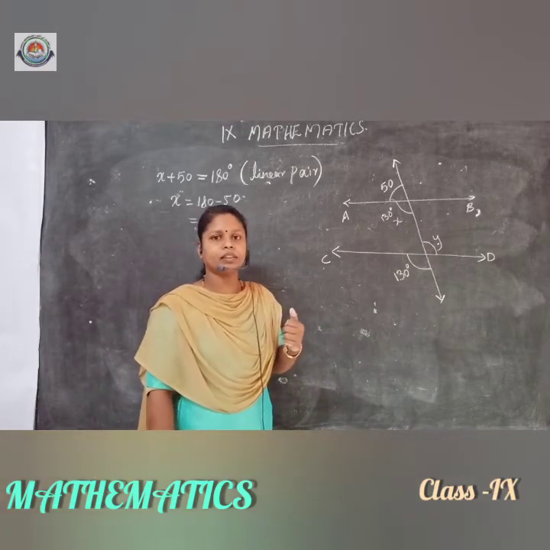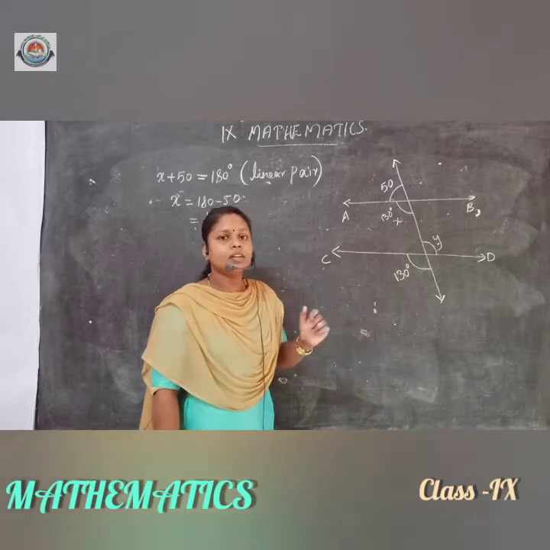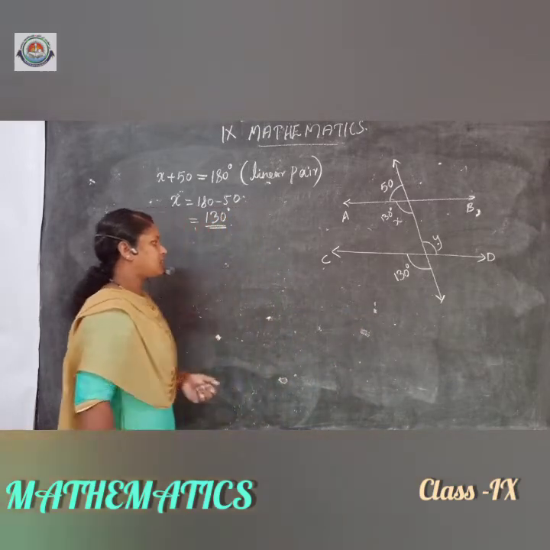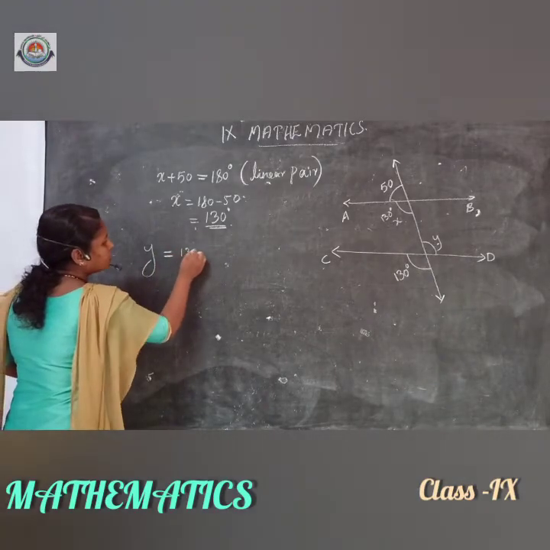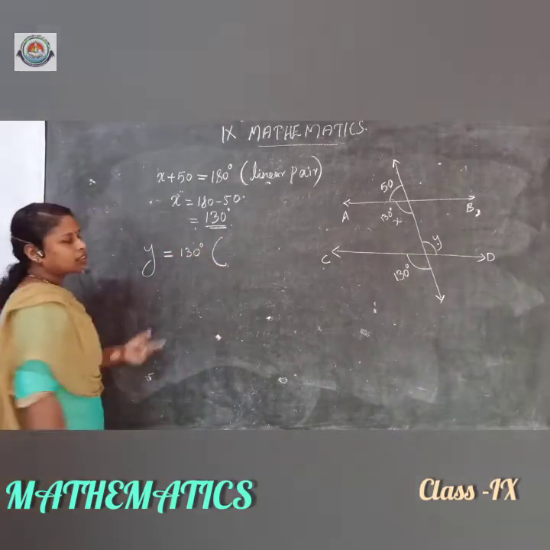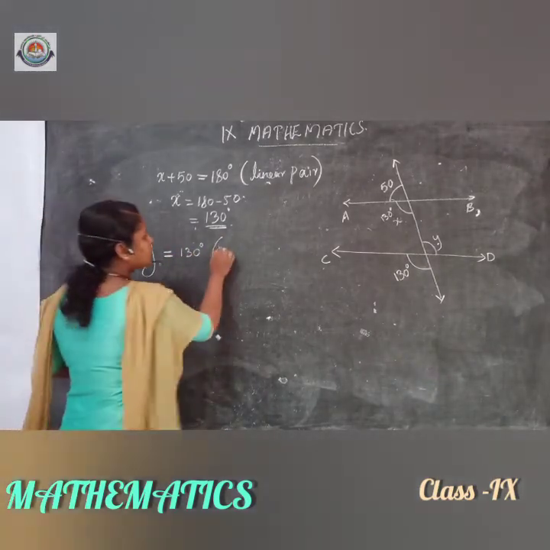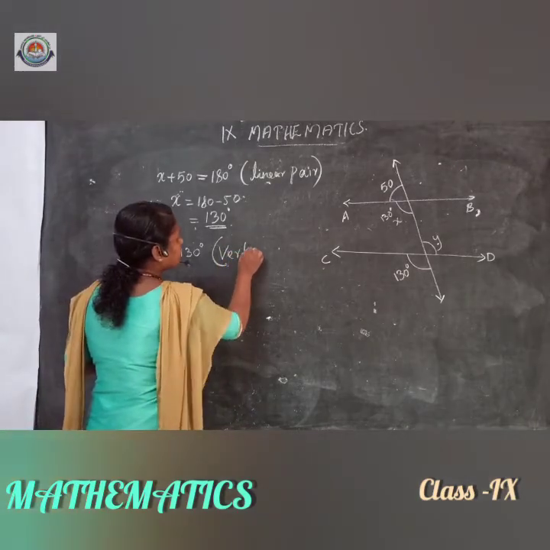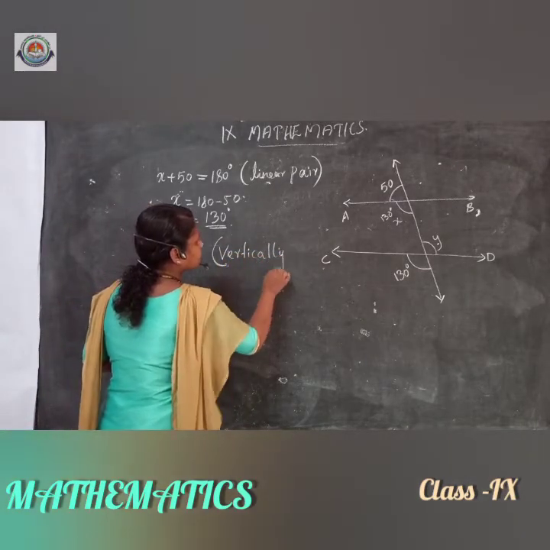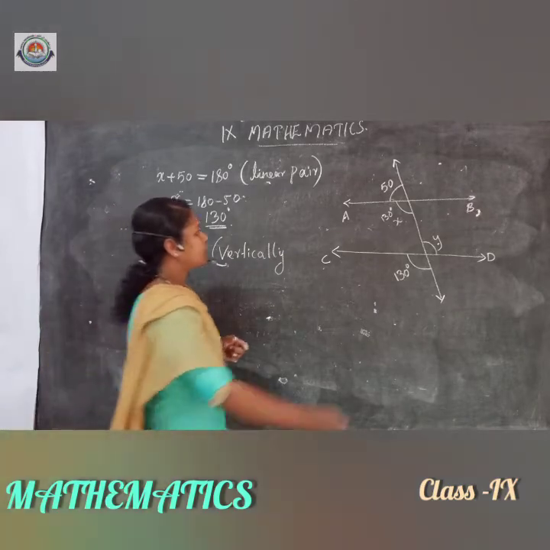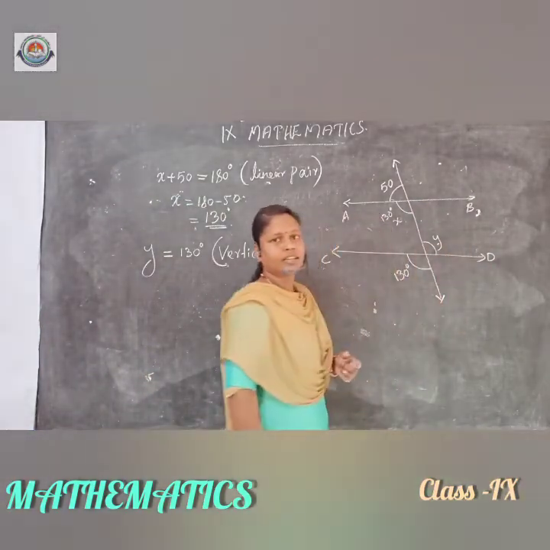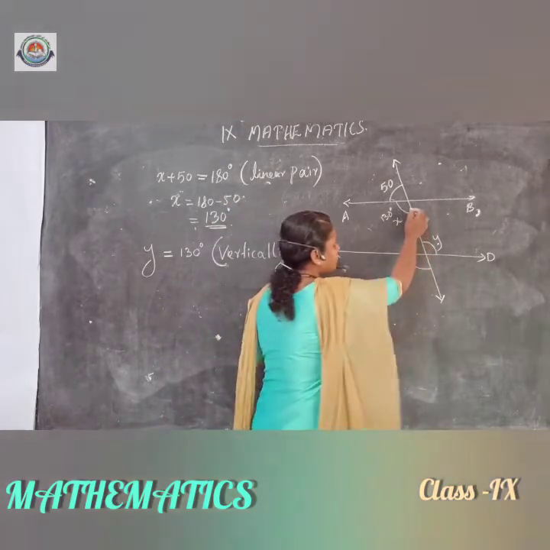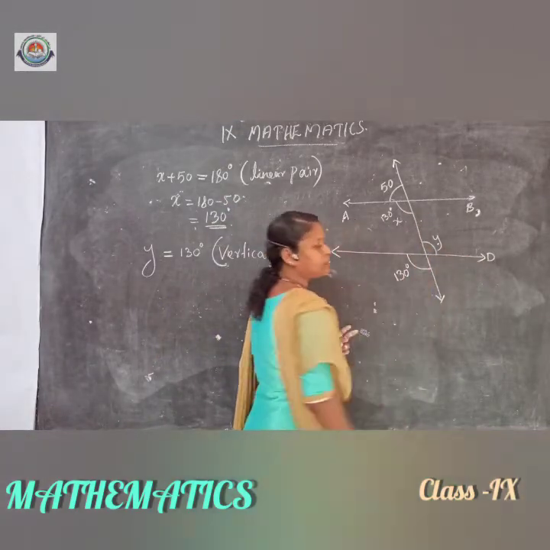Why? Yes, they are vertically opposite angles. y equals 130 degree because these two angles are vertically opposite angles. Our first theorem. Listen, these two lines are intersecting each other. Just think about these two lines.